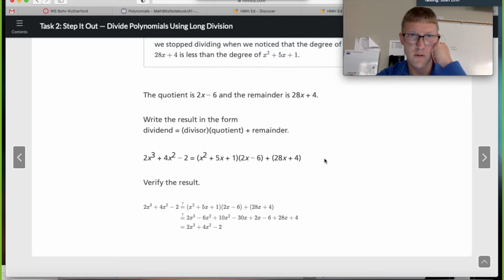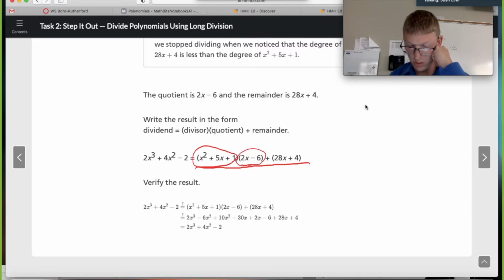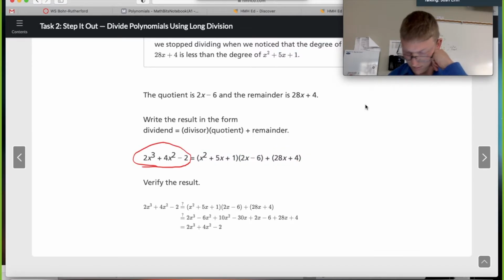And then, so again, write the result in the form dividend equals divisor times quotient plus remainder. So that's what we were talking about right there. So here's our divisor, here's our quotient or our answer, and here's our remainder. And this is just the only thing that was left that we haven't played with yet.